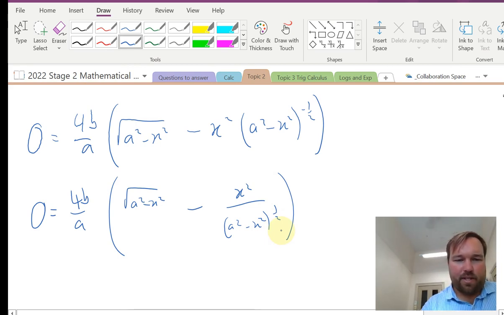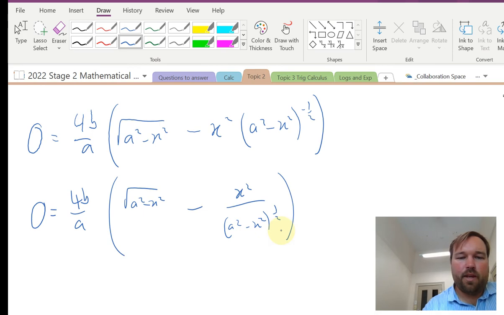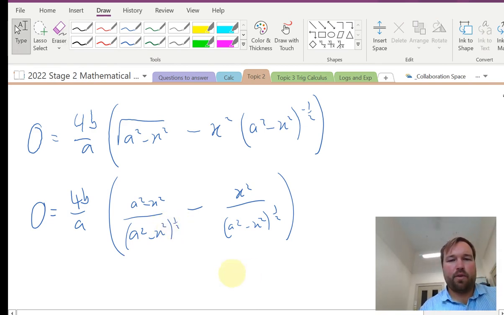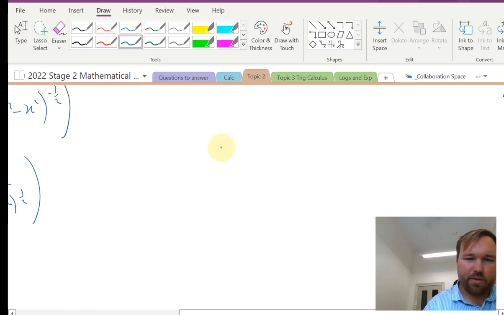Alright, the reason I've written this slightly oddly is because I want to try and get a common denominator. Imagine I want to get x to a half on the bottom. I'm going to make this, instead of currently being a half, 1 over a squared take x squared to a half. If you're not convinced that I'm allowed to do that, imagine root a.